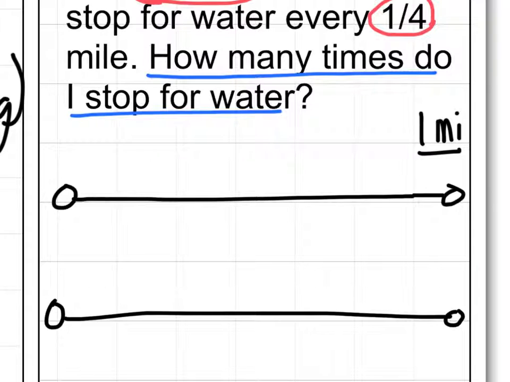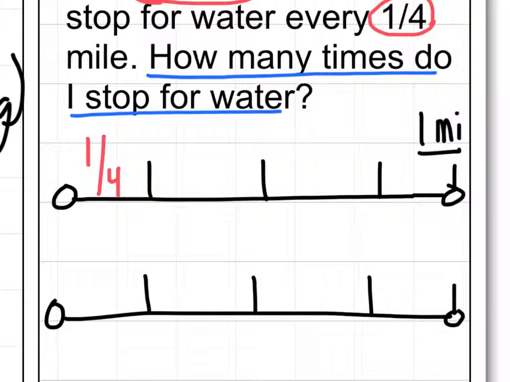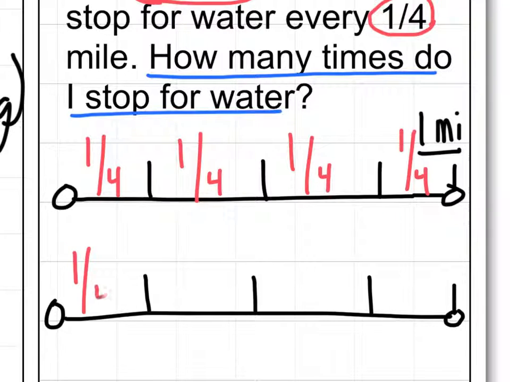So what I'll do is I'll break this up into fourths. And let's write each 1/4 in. So I run a fourth, a fourth, a fourth, and a fourth, and I'll do that on the second mile.